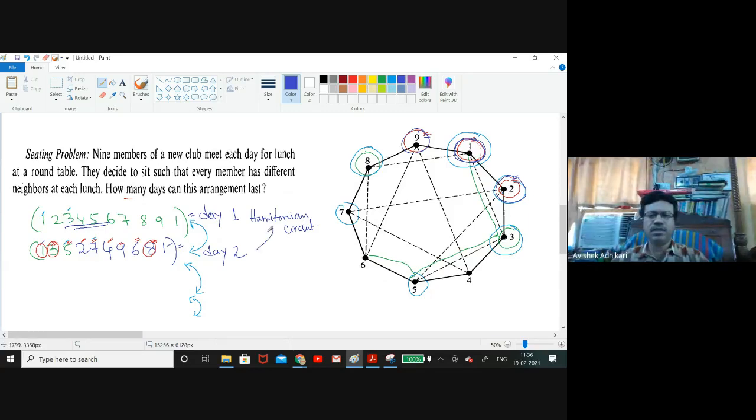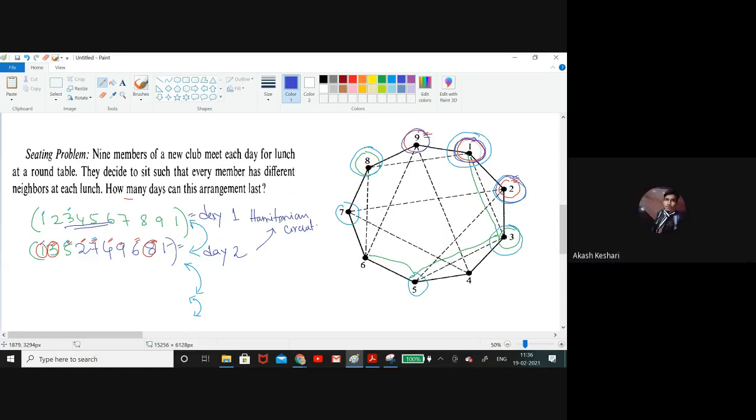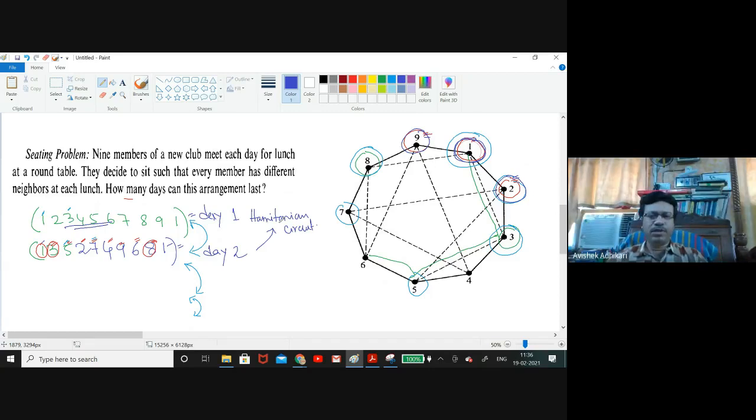So to solve this problem, what are we actually trying to find? Can anybody guess? Sir, the number of Hamiltonian circuits. The number of Hamiltonian circuits. Okay, but suppose, just taking an example, 1, 2, and suppose these two edges are common in both Hamiltonian circuits.